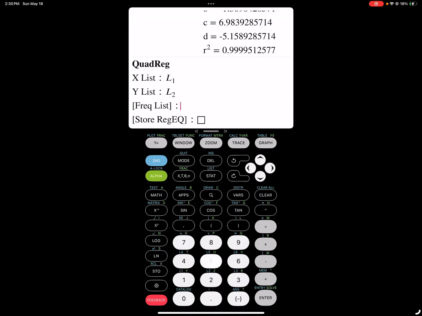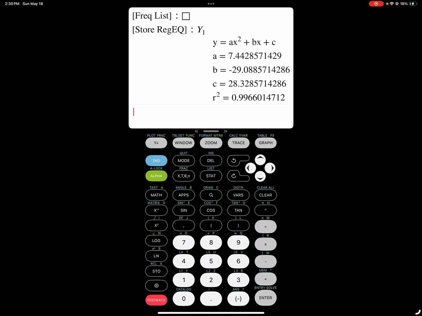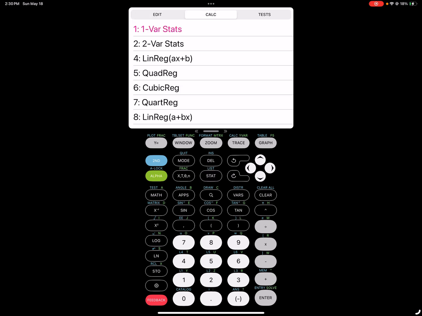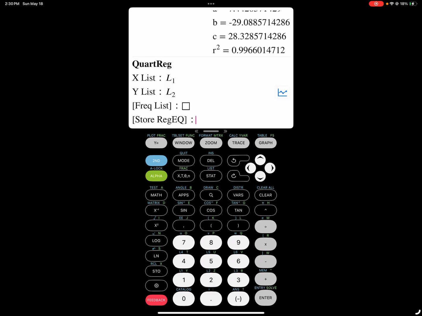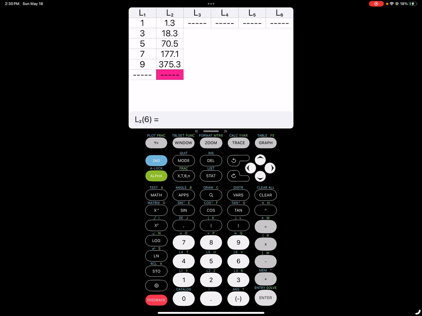Step back. Here, let me do it on this one. Sometimes this one does some weird stuff. Stat, enter, because I double-checked the points and they're all correct, so that doesn't make any sense.